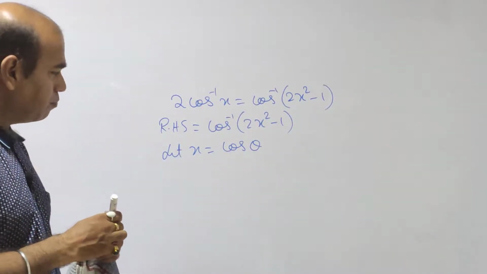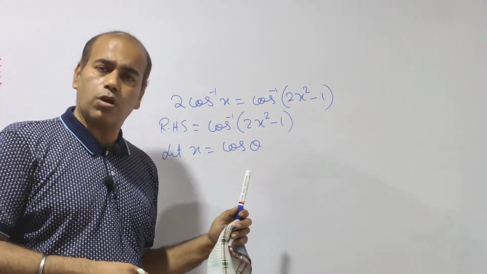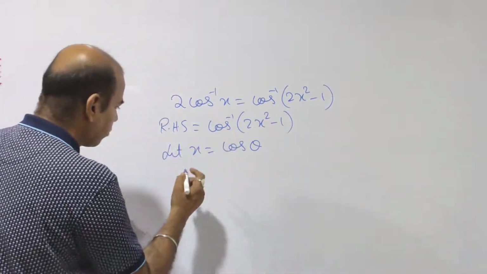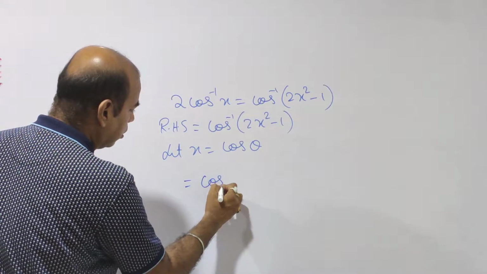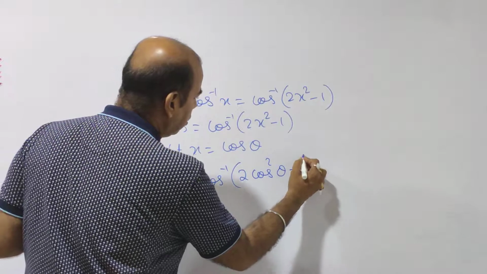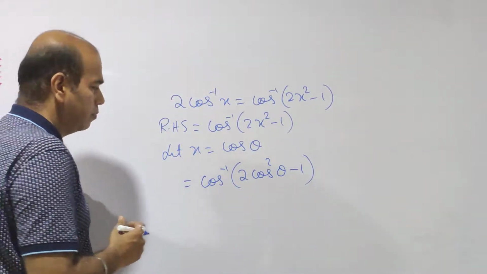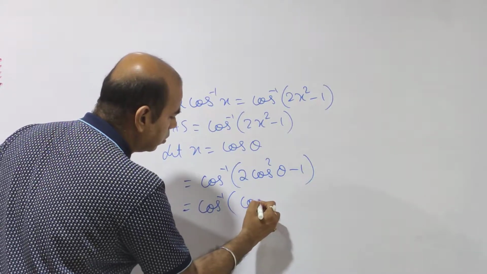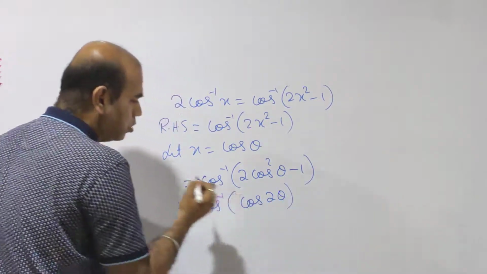Now what am I doing? I am taking x equals cos theta. Then the RHS changes like this: cos inverse 2 cos square theta minus 1. That means cos inverse cos 2 theta.